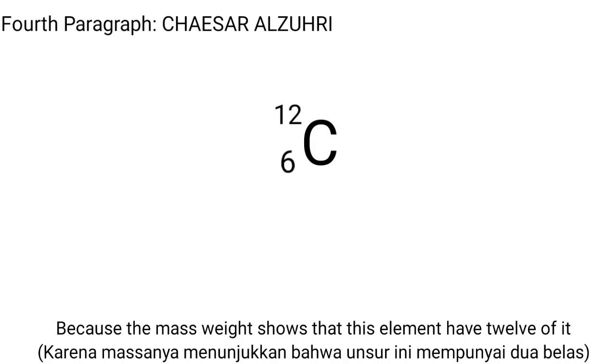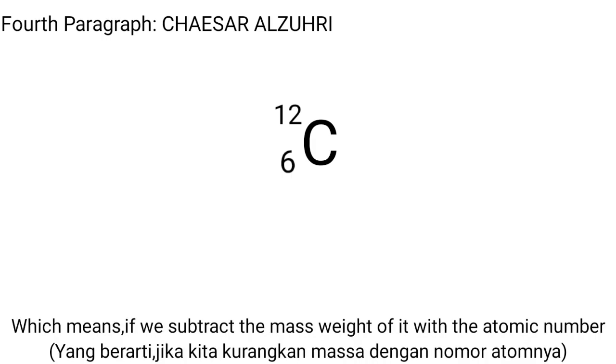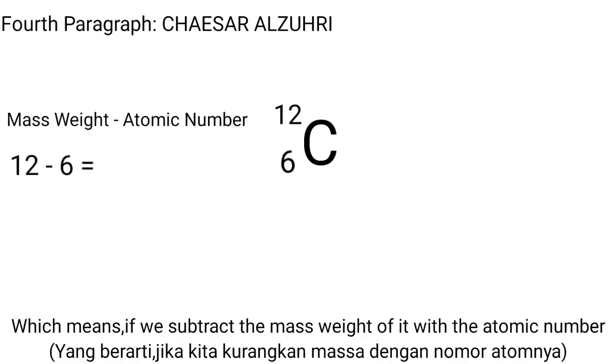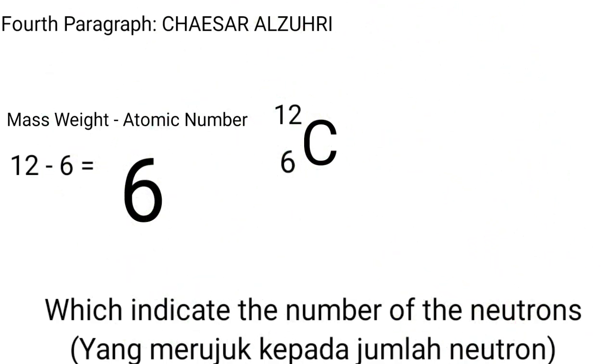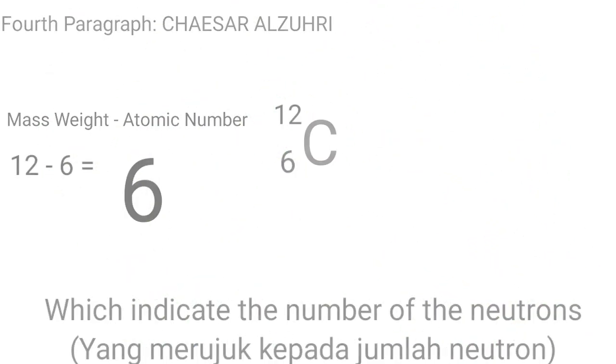Because the mass weight shows that this element has 12, which means if we subtract the atomic number, or you can also use the proton number, from the mass weight, you will get 6, which indicates the number of neutrons.